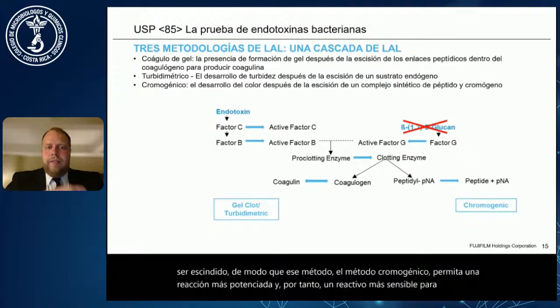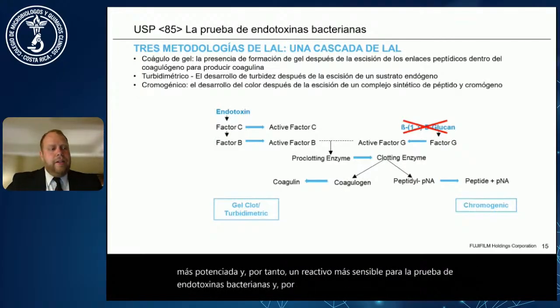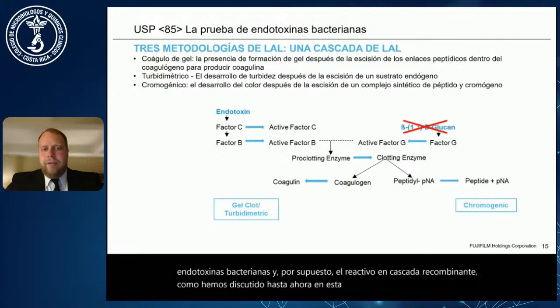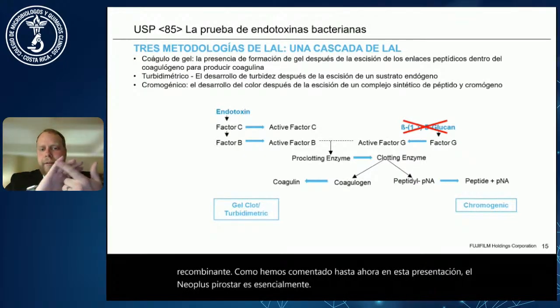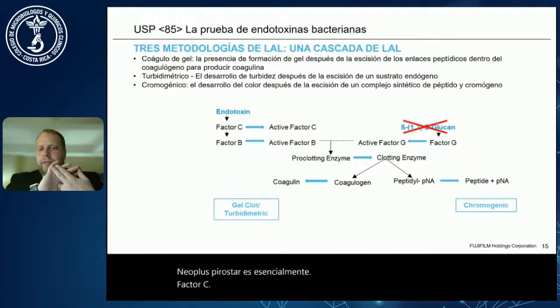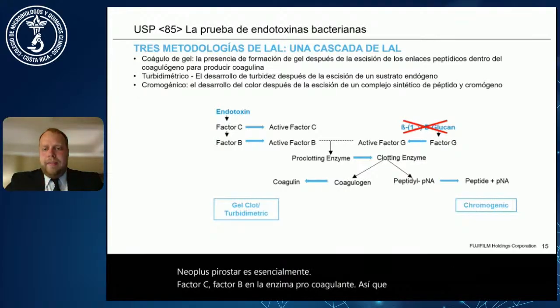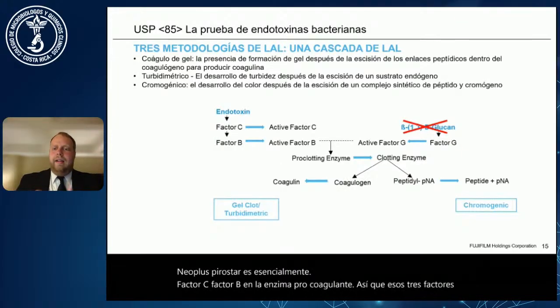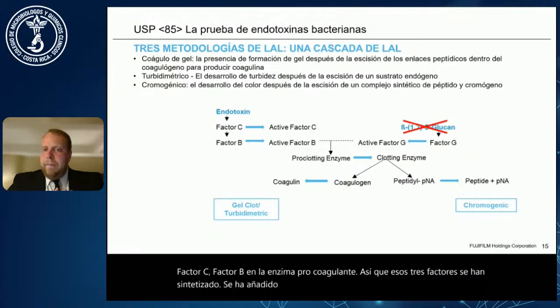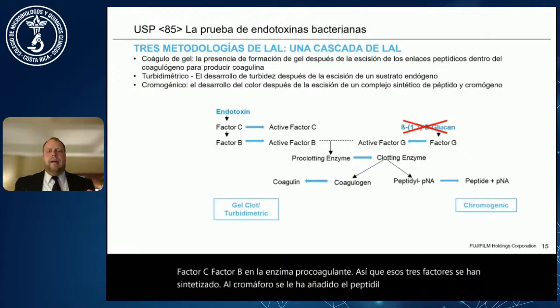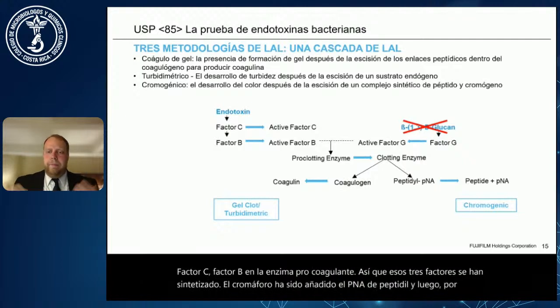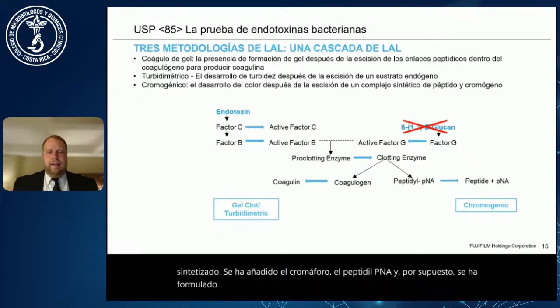And of course, the recombinant cascade reagent, as we have discussed so far in this presentation, the Pyrostar Neo Plus, is essentially factor C, factor B, and proclotting enzyme. So those three factors have been synthesized. The chromophore has been added, the peptidyl pNA, and then of course the reagent has been formulated, buffered, and stabilized as needed.